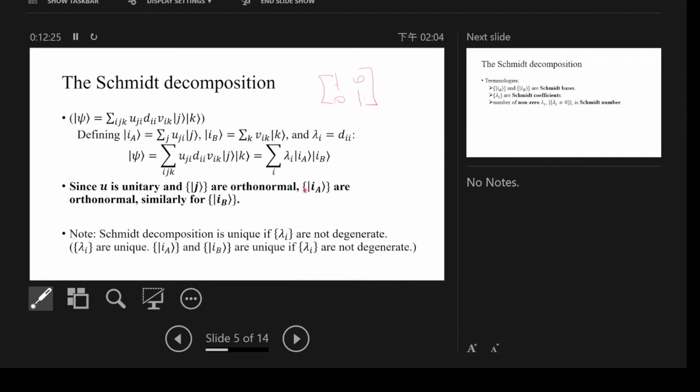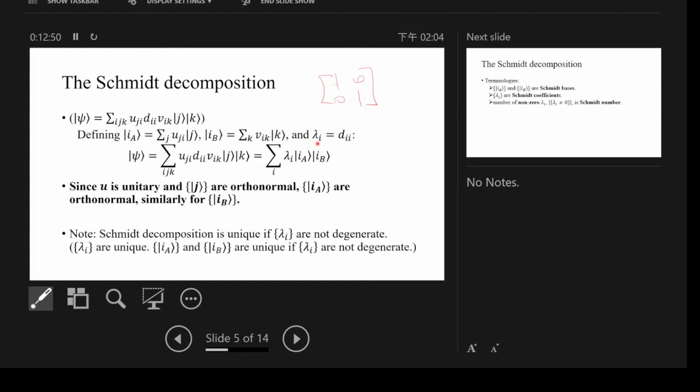So because U and V are unitary, I_A equal to the sum over J of U_JI times J is a unitary transformation from this basis J to this basis I_A. And J is also orthonormal, so I_A is also orthonormal, because U is unitary.